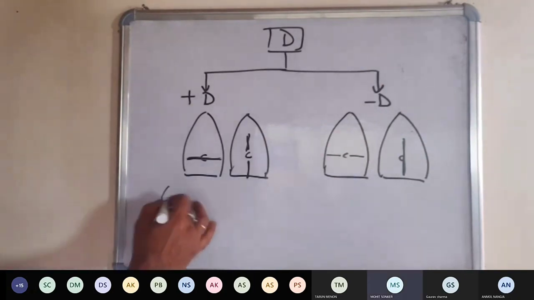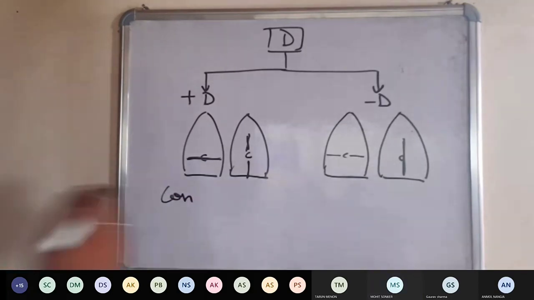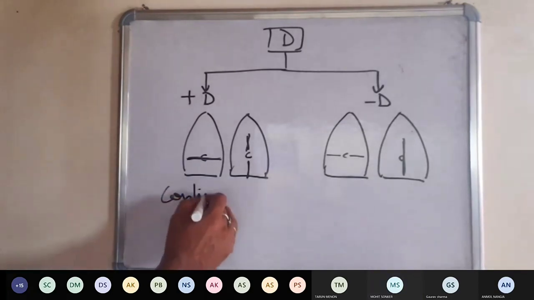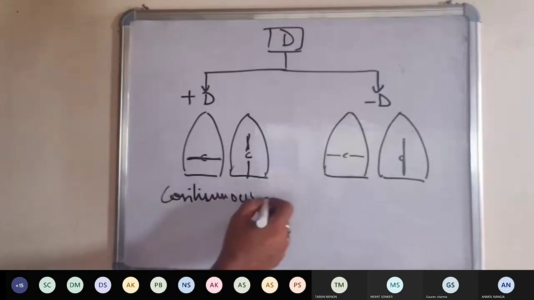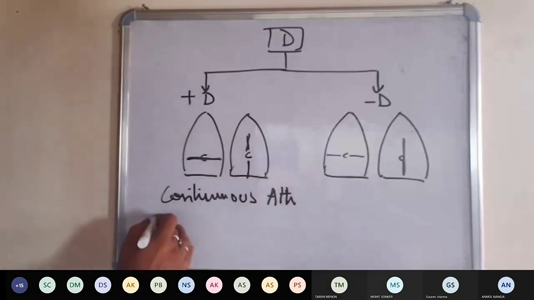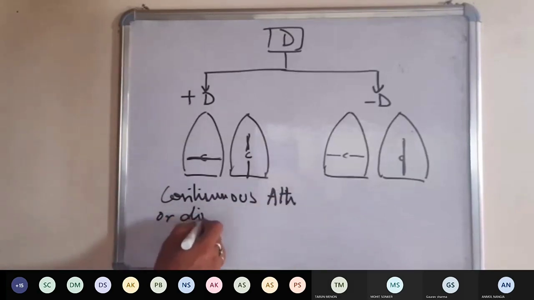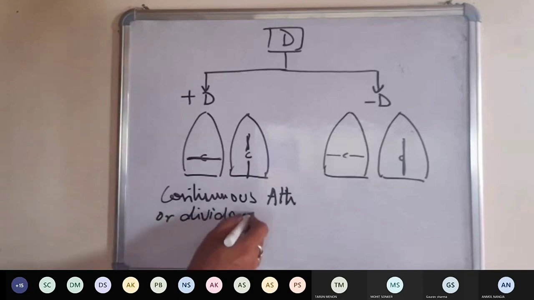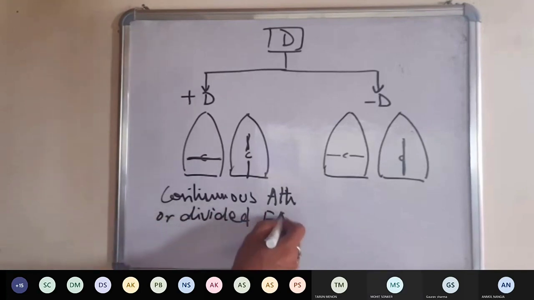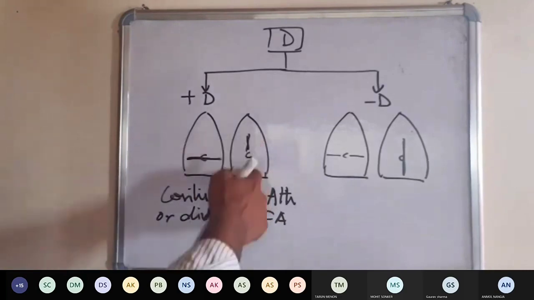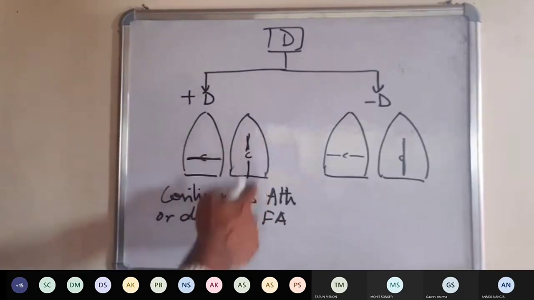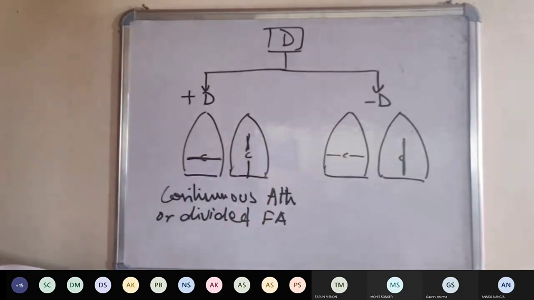So this is continuous athwart shape or divided forward aft soft irons.